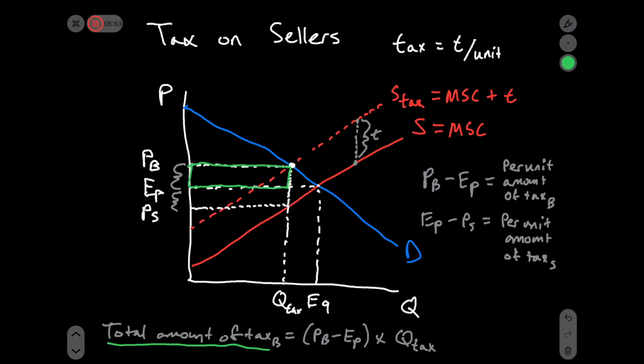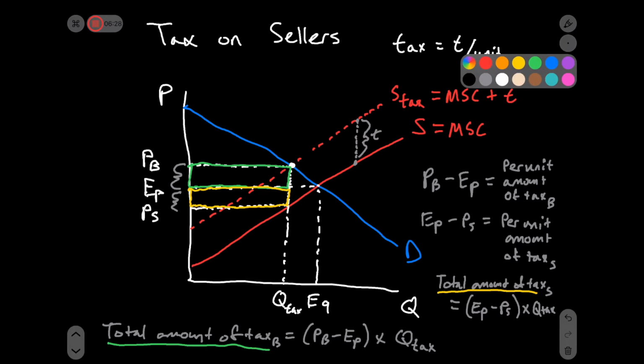And the total amount of tax paid by the sellers is going to equal the per unit amount that they pay multiplied by Q sub tax, which in yellow is this area, this rectangle.